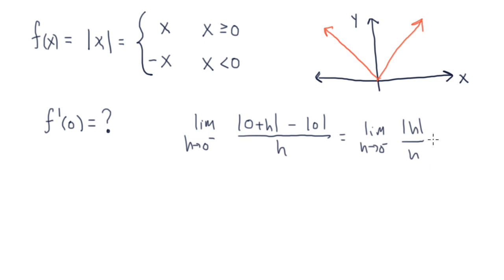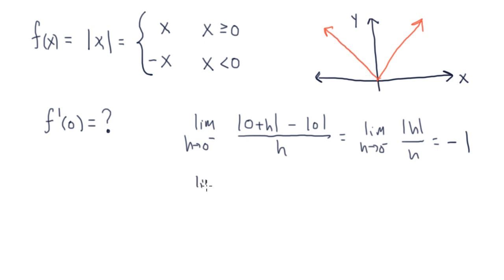This is a one-sided limit, and because h is approaching 0 from the left, absolute value of h is minus h. So this is really minus h over h, or minus 1. And that makes sense, because the slope as you approach 0 from the left is -1. It's just a line passing through the origin with slope -1.